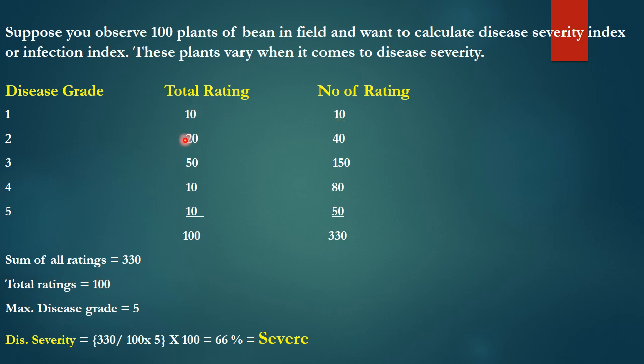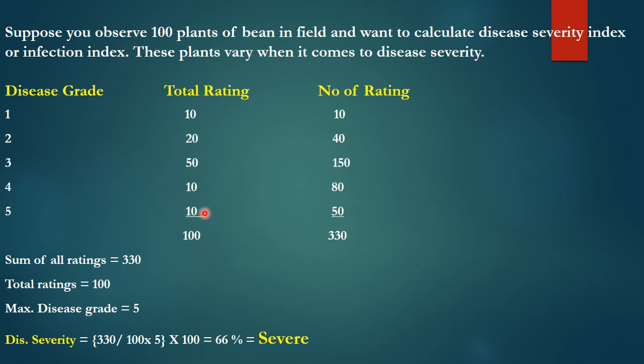Then there are 20 plants which are showing the disease, but just around 1%. So you give them disease grade 2. And then there are 50 plants where the damage is between 1 to 10%. And then there are 10 plants where the damage is between 11 to 25%, and according to that you give them disease grade 4.